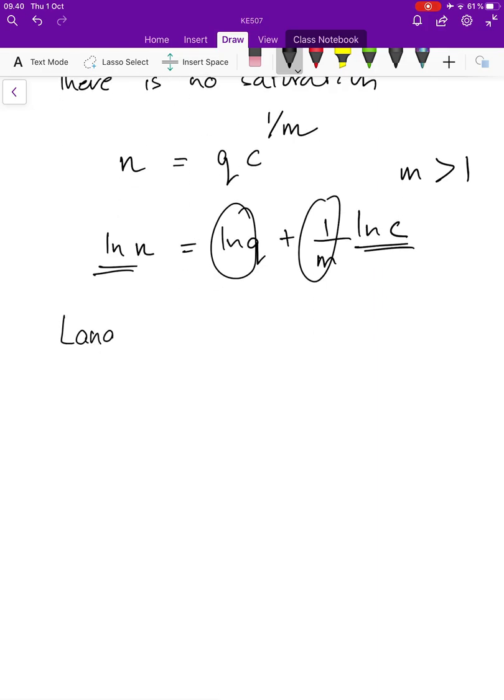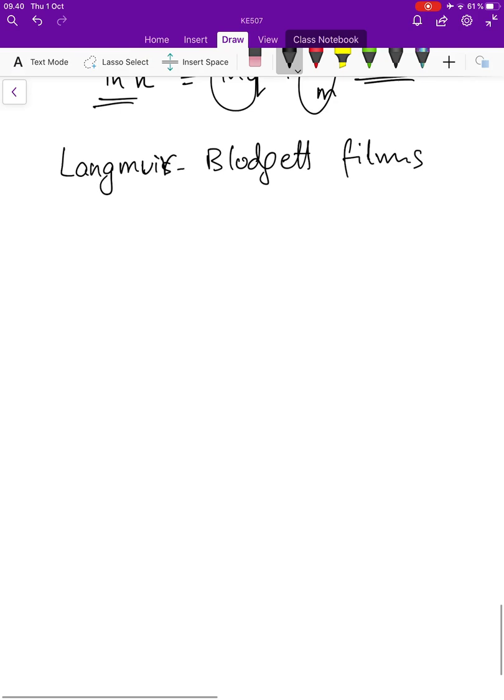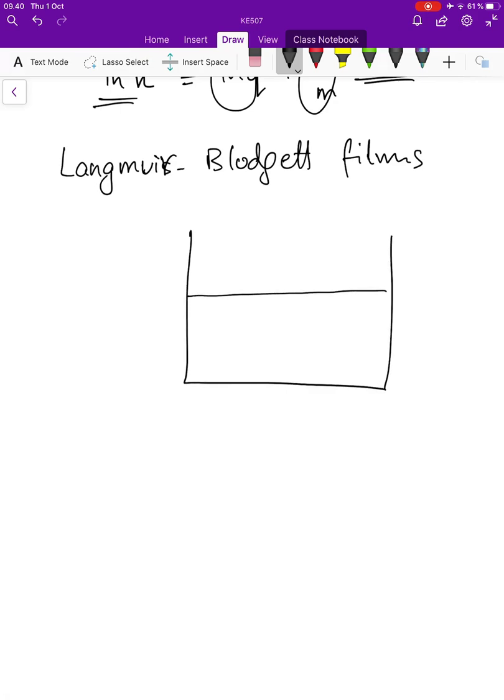In a later lecture, we can look at Langmuir-Blodgett films or Langmuir monolayers on liquid-air surfaces. So this is liquid and this is vapor.